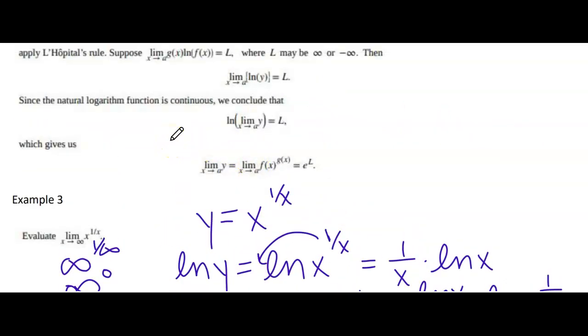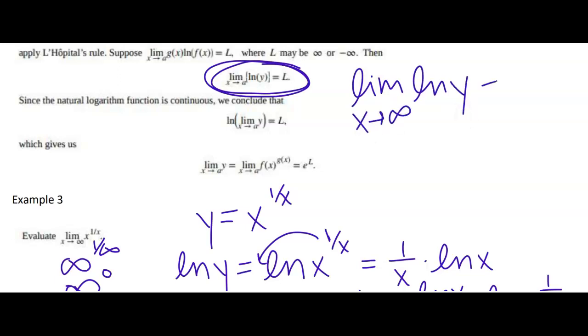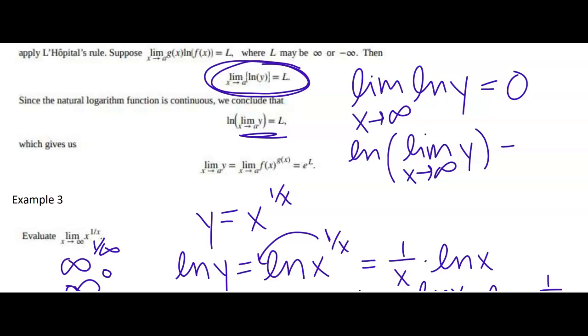Okay, so here's the trick. So this is where we are in our problem, right? We have the limit as x goes to infinity of the natural log of y equals 0. Well, with log rules, since log is a continuous function, it's okay to interchange these, okay? And there's a proof if you want to know why, but it is okay to interchange these and say, well, that's the same thing as taking the natural log of this limit.